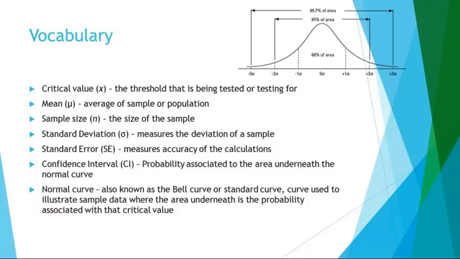Now, some problems will ask you to find the critical value, or you'll be testing a critical value to find a percentage or probability of it being that critical value or more, or that critical value or less than. And then there are other problems that will ask you to find the confidence interval, or just the probability.